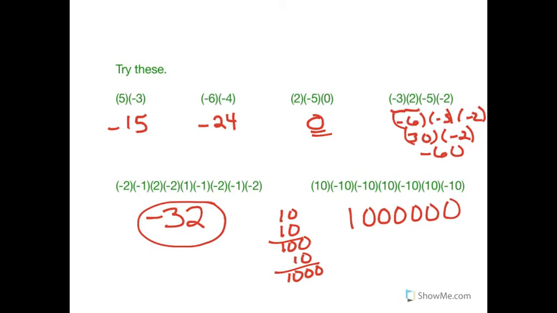I can't count today. 1, 2, 3, 4, 5, 6, 7 zeros. And let's see, how many negative numbers do we have? 1, 2, 3, 4. So it's positive. So that would be your answer. 10 million.